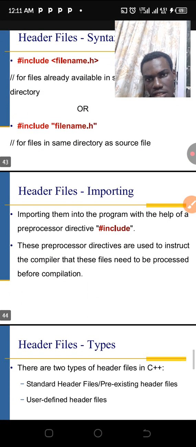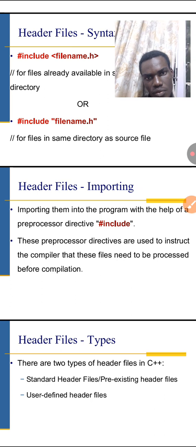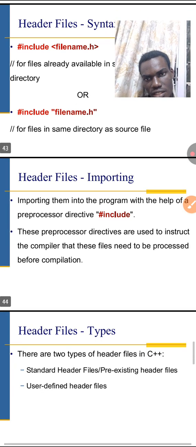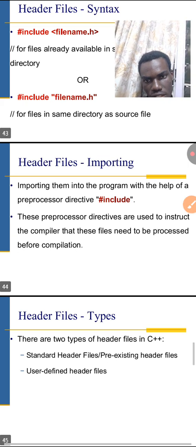Now let's see the importing. We import them into the program with the help of preprocessor directives, the hash include. These preprocessor directives are used to instruct the compiler that these files need to be processed before compilation.